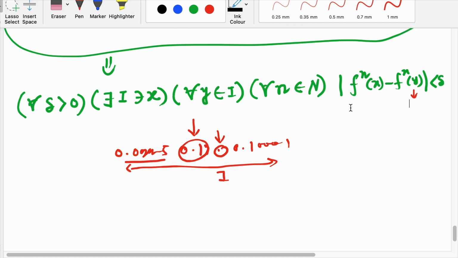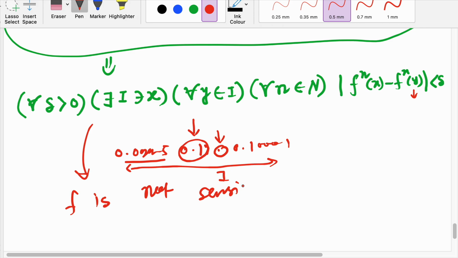That's how they define the negation, and this is called f is not sensitively dependent at x. Okay, let me give an example.